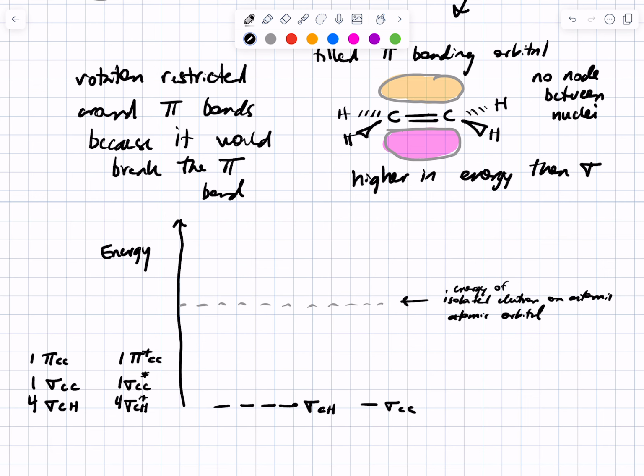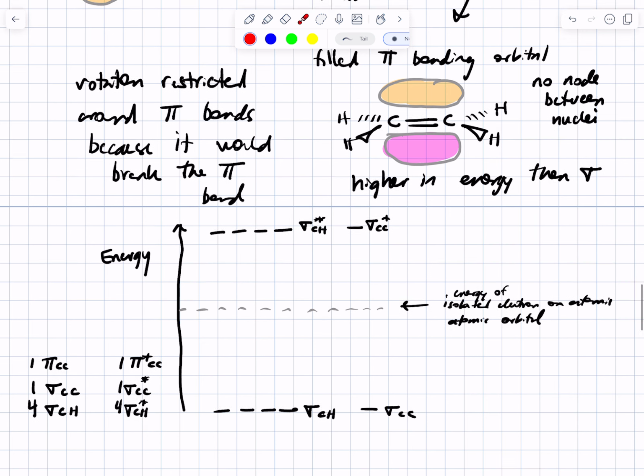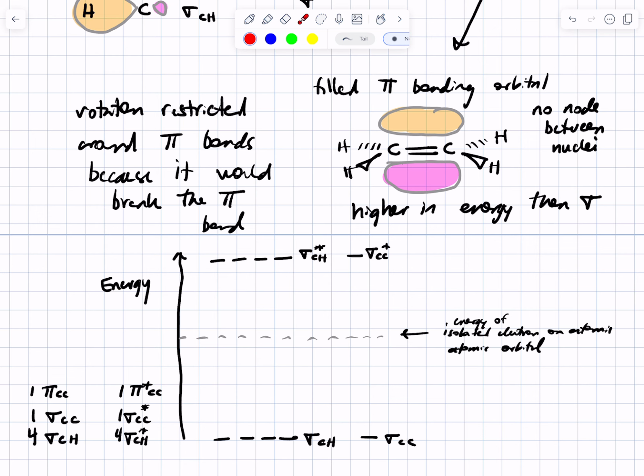They're close enough that we can consider them equal. Similarly, we would say that there are antibonding orbitals associated with those 4 carbon-hydrogen bonds, and then a carbon-carbon antibonding orbital. Again, they're not all the same in energy, but they're close enough to be similar, and this is sufficiently detailed for our purposes.